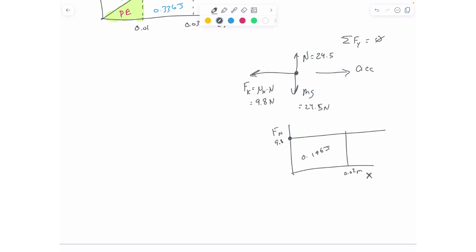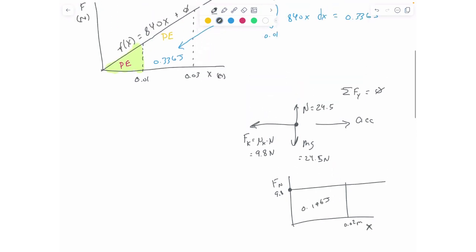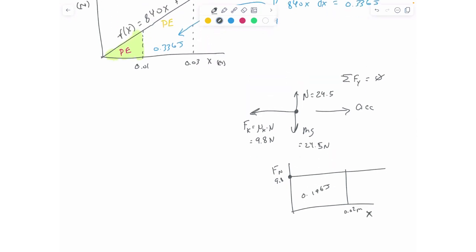All right, so let's kind of put some of this stuff together. We did have some potential energy of 0.336 joules. But then that got converted into other energy. Okay, what did it get converted into?